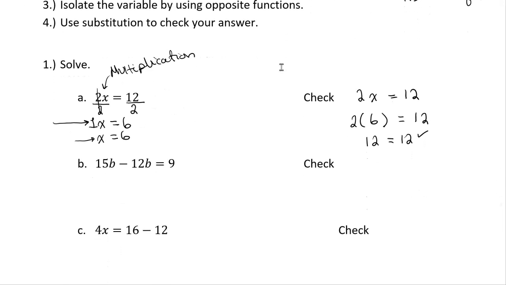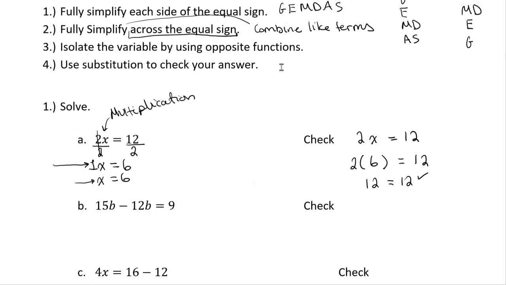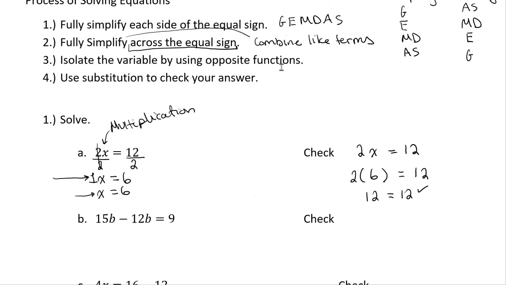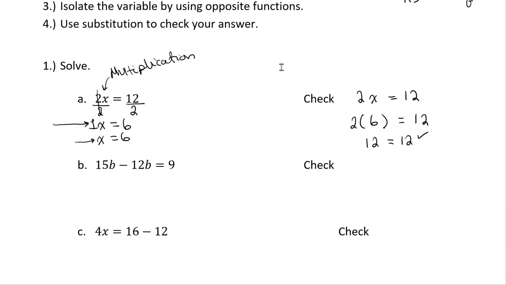Okay, so remember that the first thing that you always have to do, I'll scroll back up here for a second, number one, fully simplify each side of the equal sign. Well, I notice in 1b that there are like terms on the left-hand side. So that means I have to combine those first, and then I move across the equal sign.